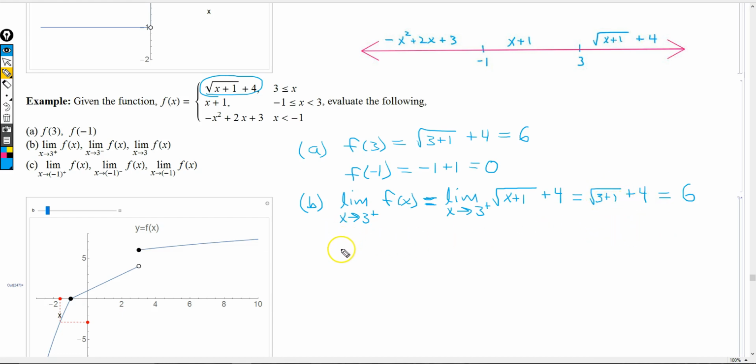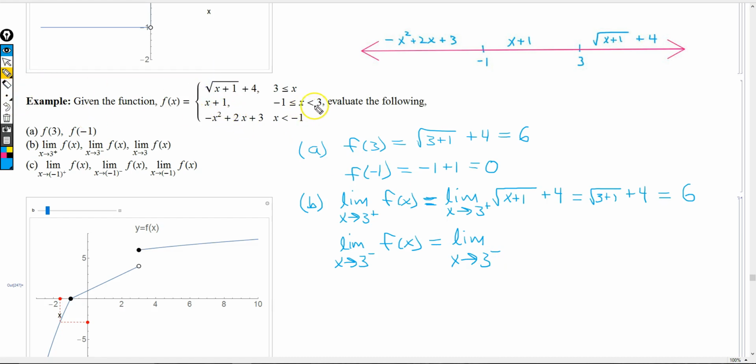The left-hand limit, that's going to be the limit as x converges to 3 from the left. Now, if x is converging to 3 from the left, that means x is a little bit smaller than 3. Which piece of the function up here do I use?